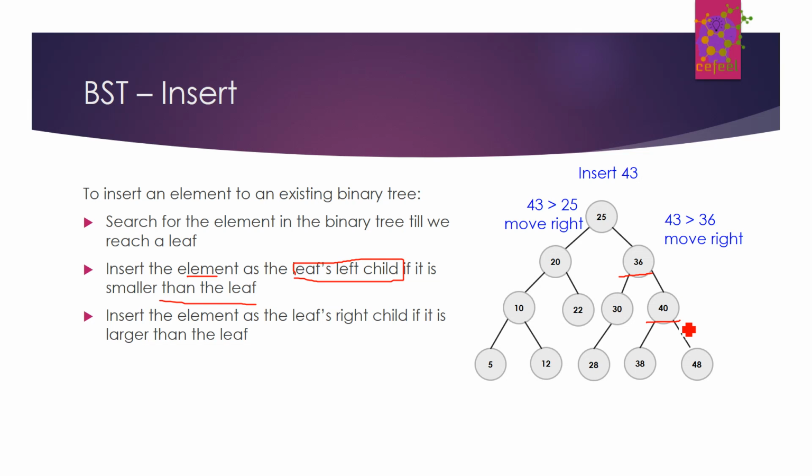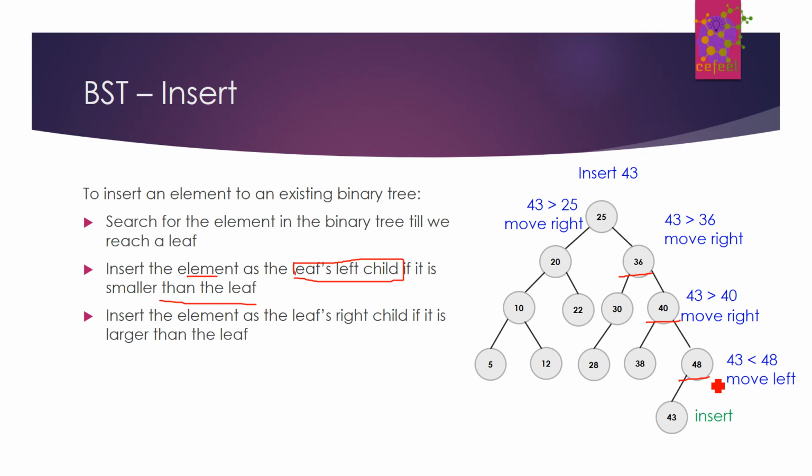Then 43 is greater than 40, which is true, so we'll again move right, which means now we will reach 48. 43 is less than 48. Now 48 doesn't have any children, so this is where our search will stop, and then we'll compare our element 43 and notice that 43 is less, and hence we'll insert 43 as the left child of 48. So this is how the insert operation works.